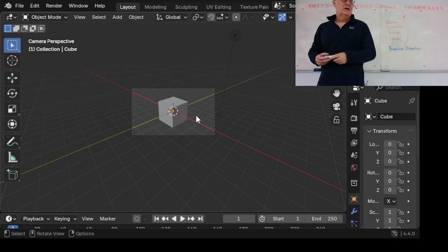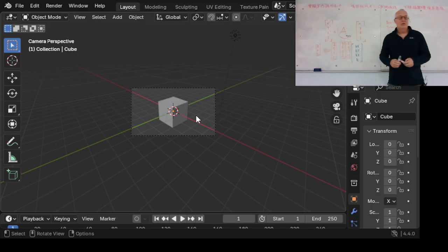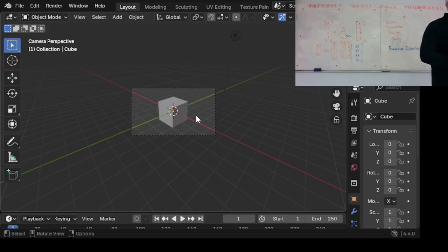However, the cool thing about this generalized form of homogeneous coordinates is that it actually allows us to model the perspective distortion. So that makes it extremely useful for our applications in robotics. So now, how does that work?